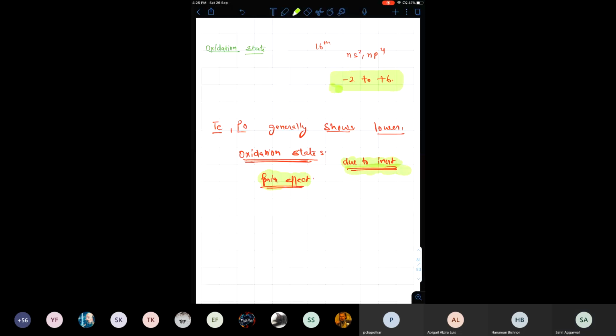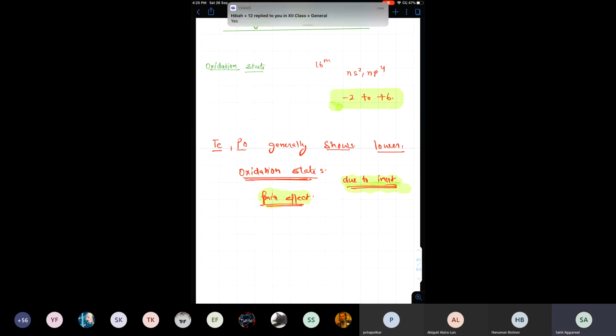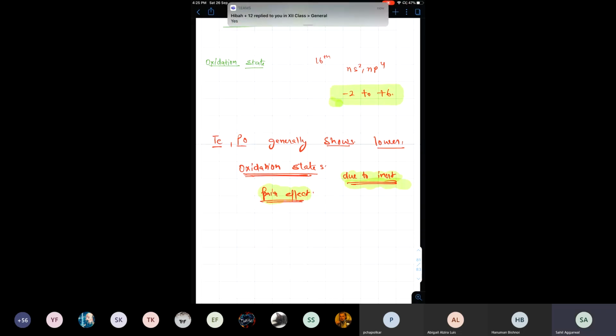Understood? Did I give you the definition of inert pair effect in 12th class? That is in the last chapter. Because in school, if you are giving the answer as inert pair effect, you have to write down the definition as well. The definition is: the reluctance of s orbital to participate in bonding due to poor screening and shielding by d and f subshell.